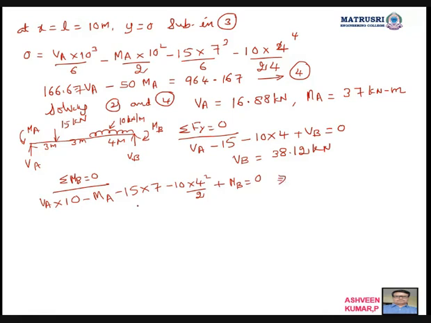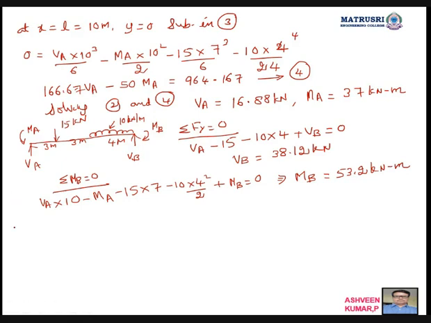If we substitute the values of VA and MA, we get the value of MB as 53.2 kilonewton meter. So I got the VA, MA and MB values. So there is no problem.